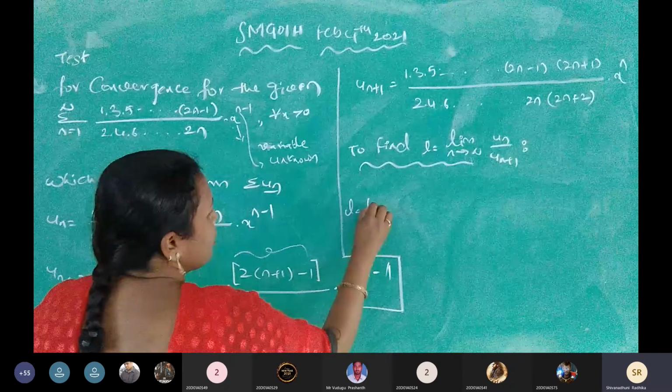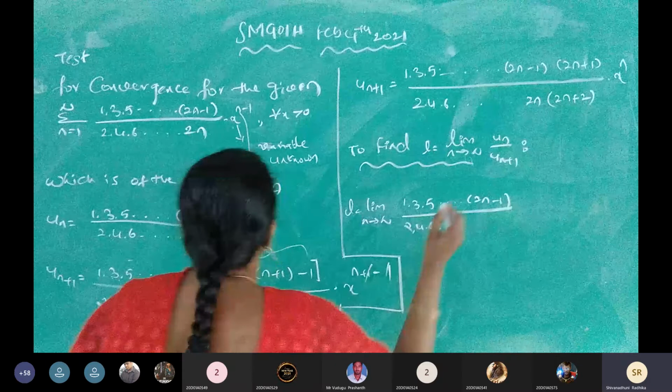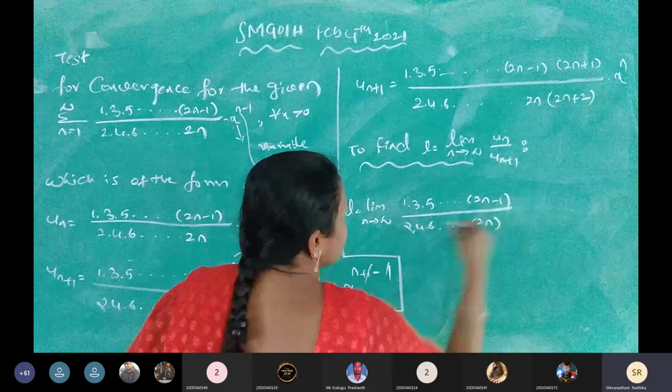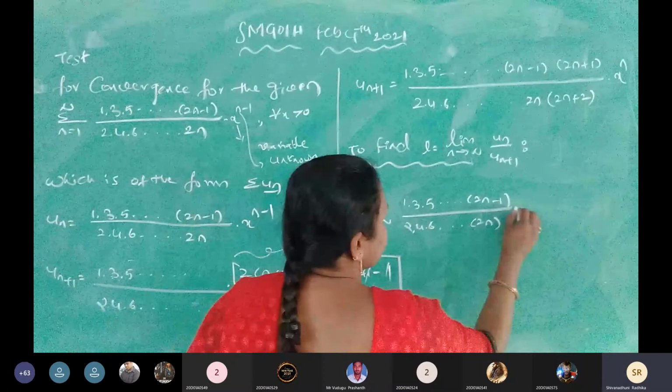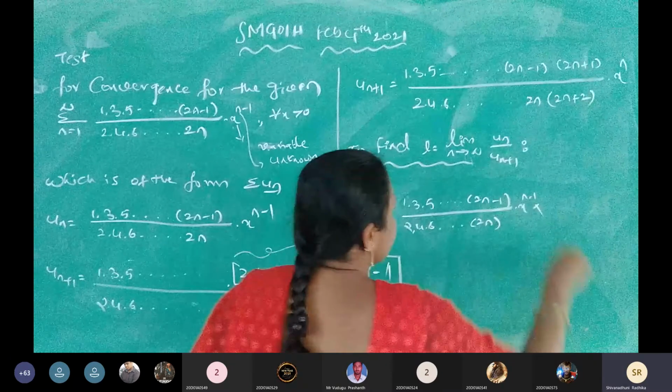Limit n tends to infinity, un is 1 into 3 into 5 up to 2n minus 1 by 2 into 4 into 6 up to 2n, into x to the power of n minus 1, into by un plus 1. Un plus 1 has a numerator and denominator, and already that un plus 1 is in the denominator, so we have to change the fraction so that the denominator becomes the numerator.